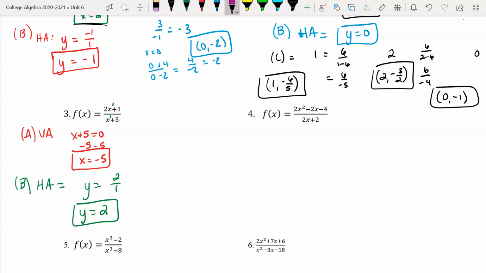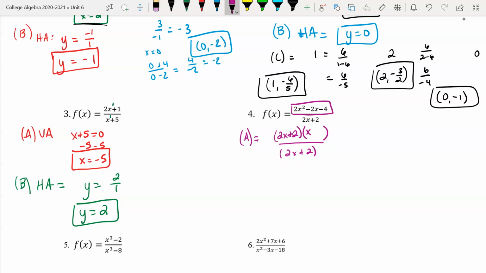Now here's where we kind of get into a tough one. So if you look at the top on this one, your vertical asymptote you need to factor, right? Well, the bottom is already factored into 2x plus 2. The top, I always like to just plug in 2x plus 2 and see if I can multiply that, aka FOIL it, to get back to what I started on the bottom.